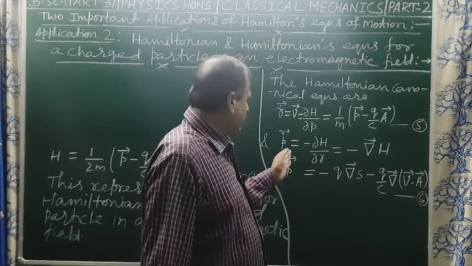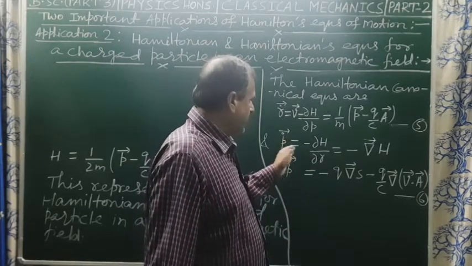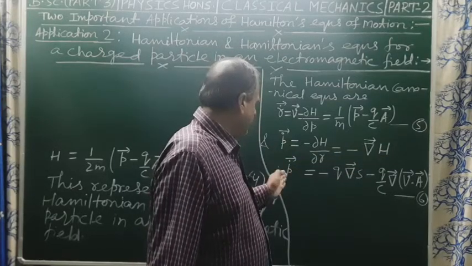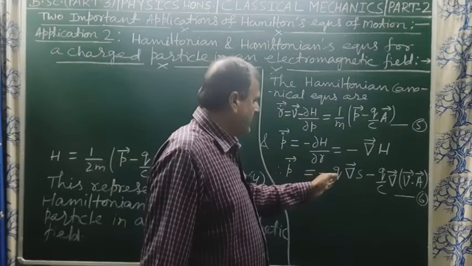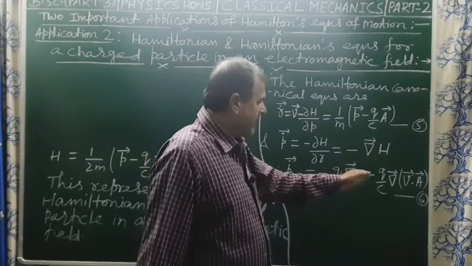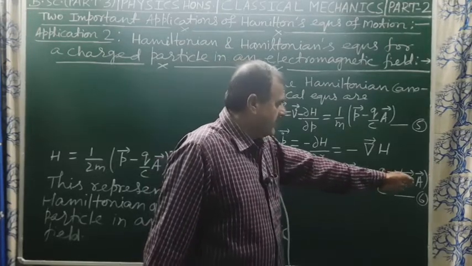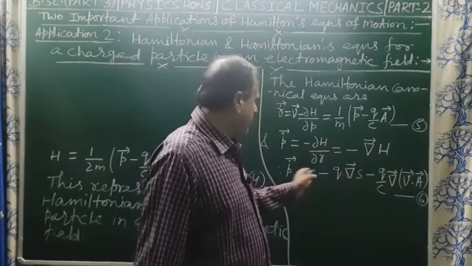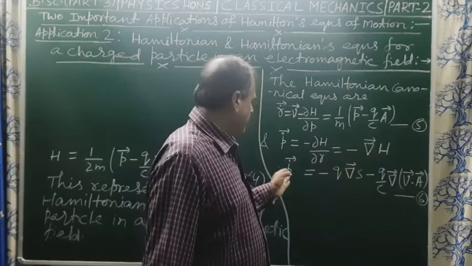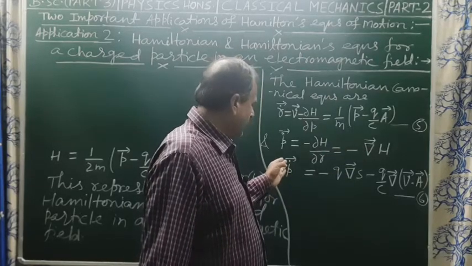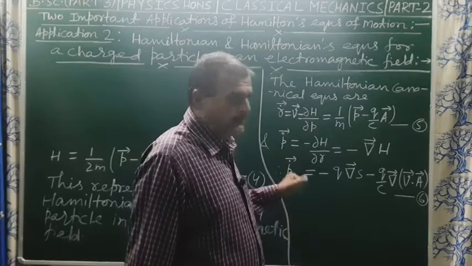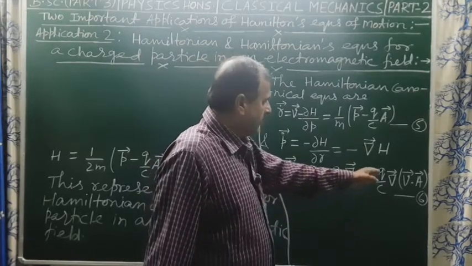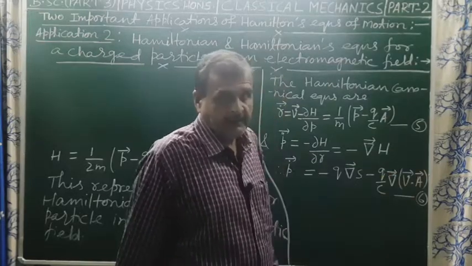Now after partial differentiation, p dot vector equals minus grad H, and we get p dot vector equal to minus q grad φ minus q/c grad (v vector dot A vector). So the grad operates on both terms of the potential energy. This represents p dot vector, that is the rate of change of momentum. So p dot is equal to minus q grad φ minus q/c grad (v vector dot A vector), and this is equation 6.